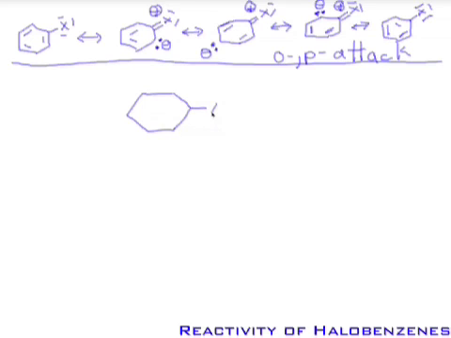Draw the halogen, put an arrow and a delta plus on a ring. Electronegativity is used to explain the reactivity of the ring. So the halogen exception we attribute to electronegativity effects, but we do use resonance to explain the ortho para attack.